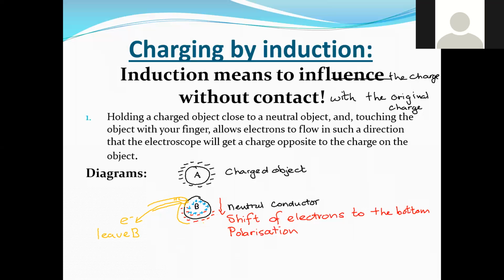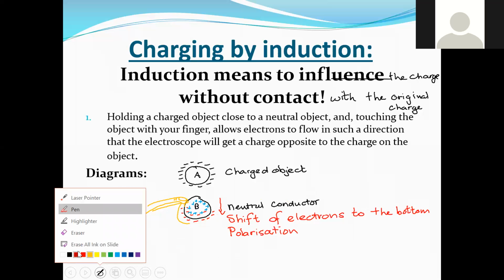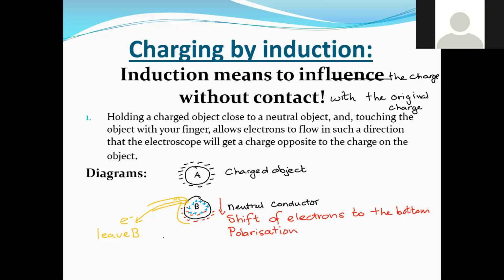Now, if you take your finger and A away, if you remove your finger and object A, then there's no possible flow of the charge back onto B. So B becomes positively charged.